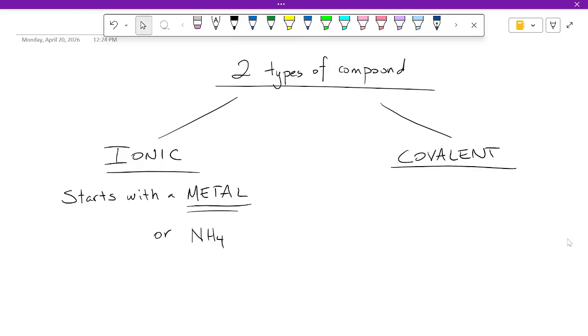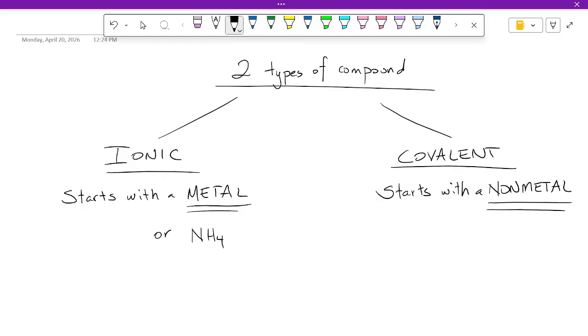What does covalent start with? Starts with a nonmetal, but not NH4. Okay, because N is a nonmetal, it does not start with NH4.